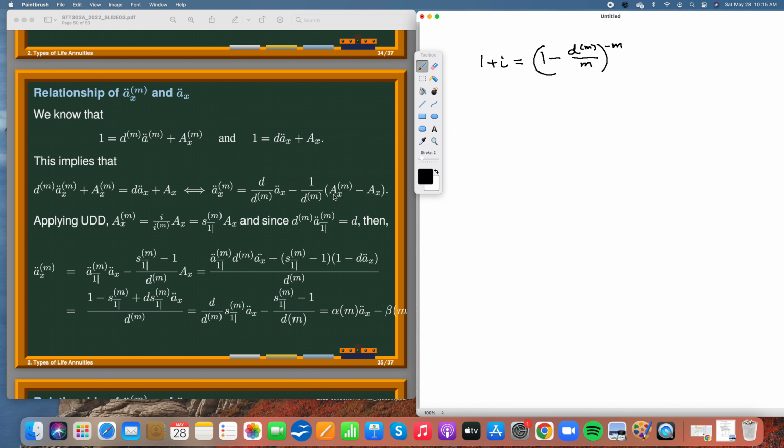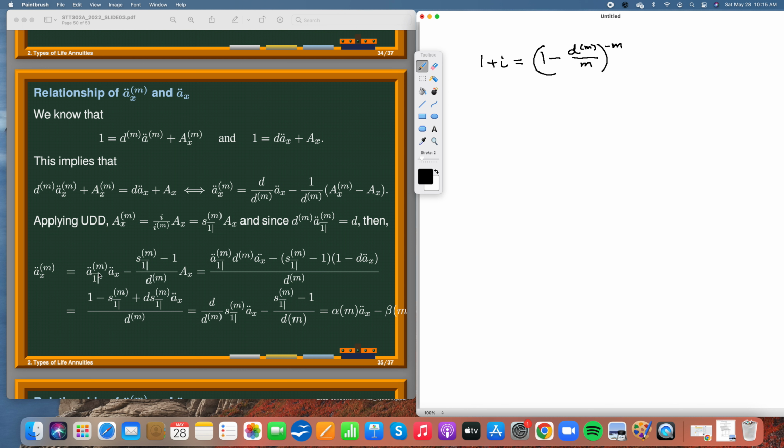And then, the a to the upper m, we can factor out ax first here. So this is 1. And this is going to be s sub 1 to the upper m. Right? So we obtain the following.